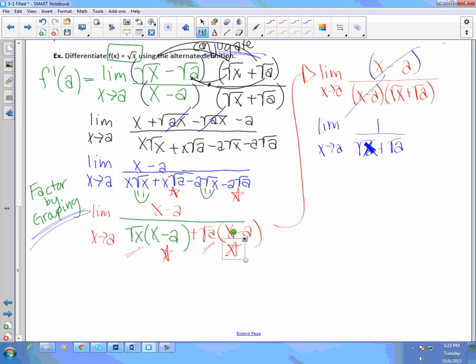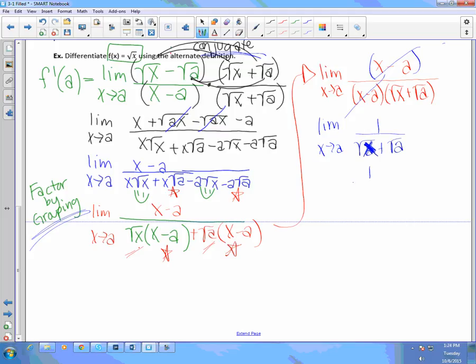Once you plug in, you drop the limit as x approaches a. Which one gets plugged into, the x or the a? The x is going to a.